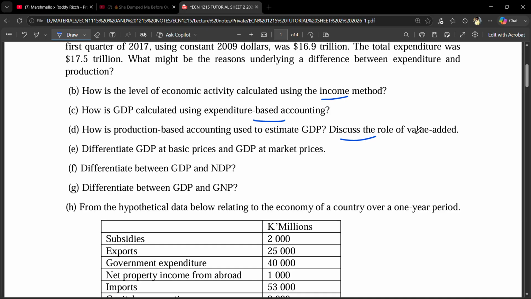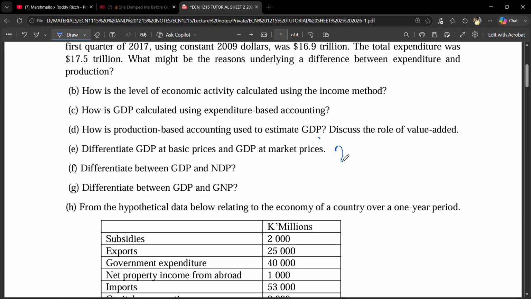So the value added does not include intermediate goods, because intermediate goods cause double counting if GDP adds that value. Example, if a farmer sells wheat to those who grind wheat into flour, and they sell flour as a finished product, you cannot add the value of the wheat that was sold.